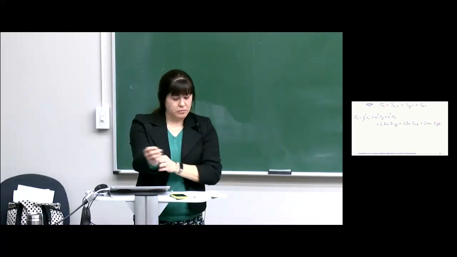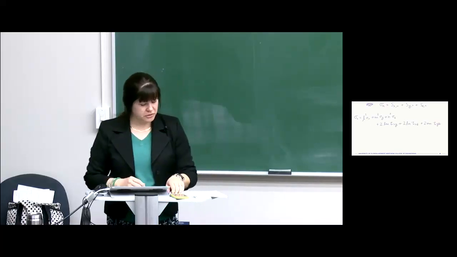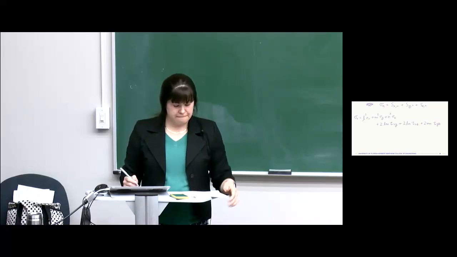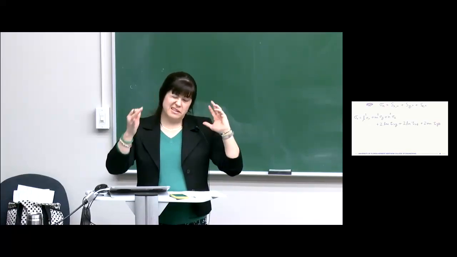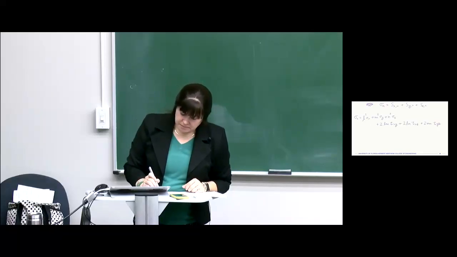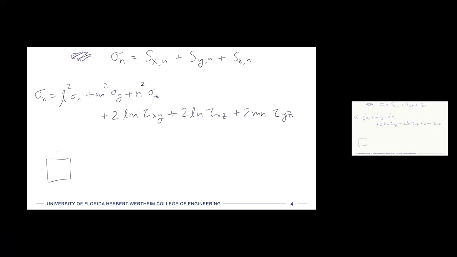So principal normal stresses, or what's just called principal stresses, are the normal stresses on planes where the shear stresses are 0, okay? So we're going to think about this in sort of Mohr's circle terms, okay? So at the beginning, we had our stress cube, right? And it was oriented along the XYZ axes, and that was our frame of reference.